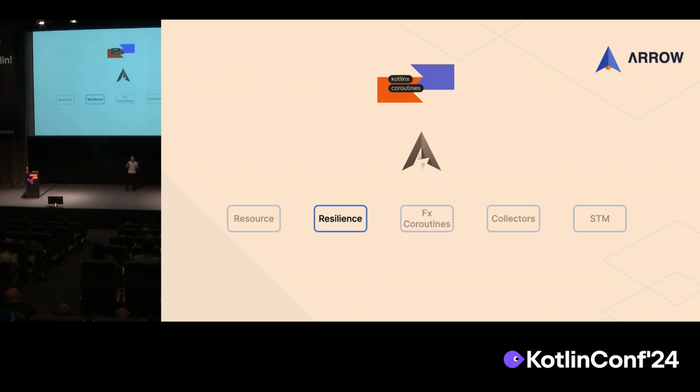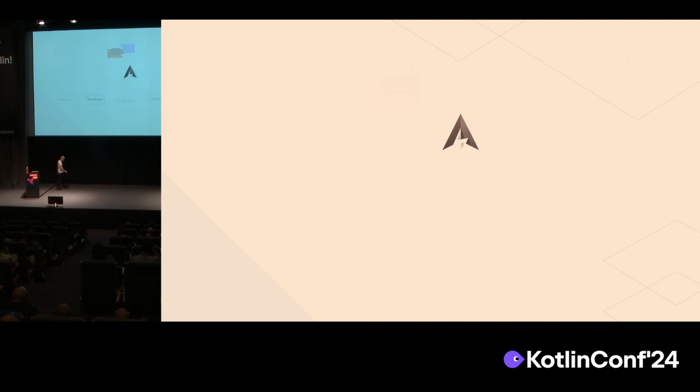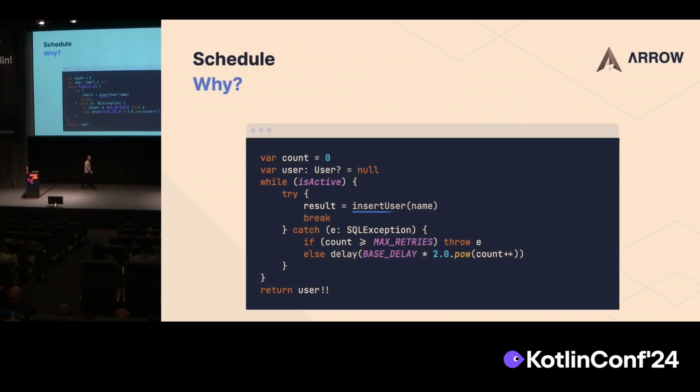But today I want to focus on resilience. We're in our user premium registration flow, and we want to make sure that we can get the user a smooth user experience and get him to his payment as quickly as possible. So here is what could be a vanilla snippet in Kotlin for an exponential backoff with a max retries.